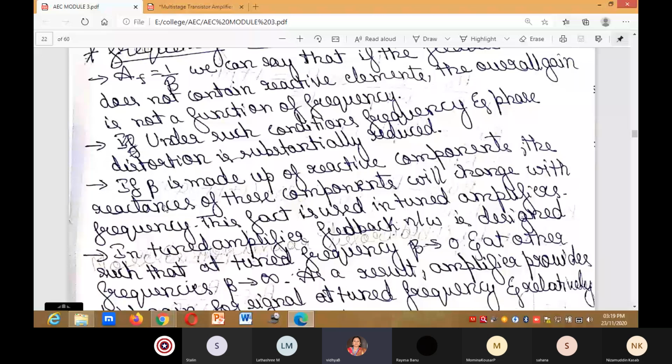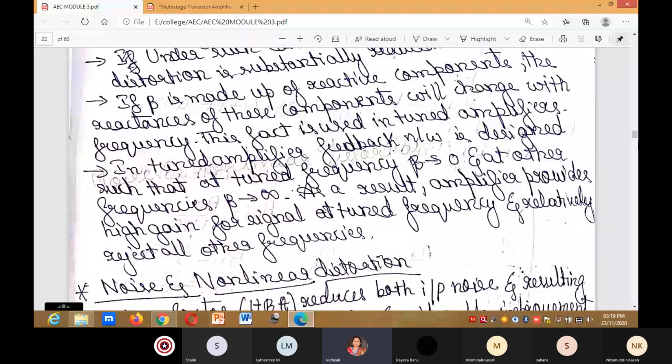If beta is made up of reactive components, the reactance of these components will change with the frequency. This fact is used in tuned amplifiers. In tuned amplifiers, the feedback network is designed such that at the tuned frequency beta is equal to 0, and at other frequencies beta will be infinity.